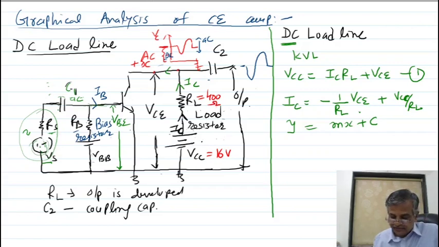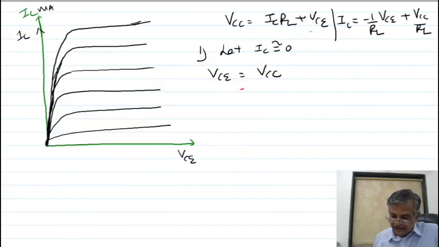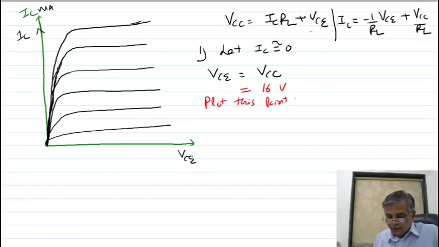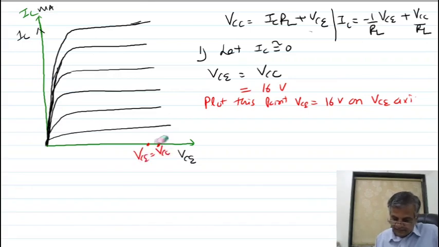Then I plot this point, VC equal to 16 volt, on the VCE axis. Somewhere here I show VC is equal to VCC. So one point I have put here.